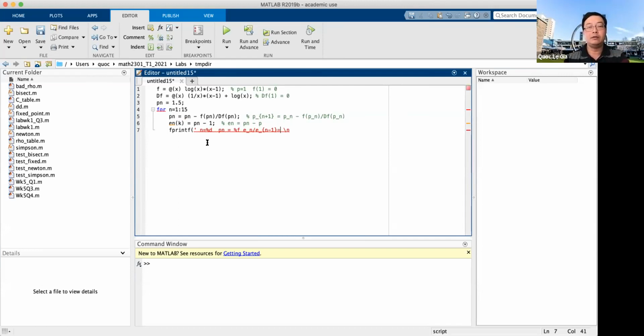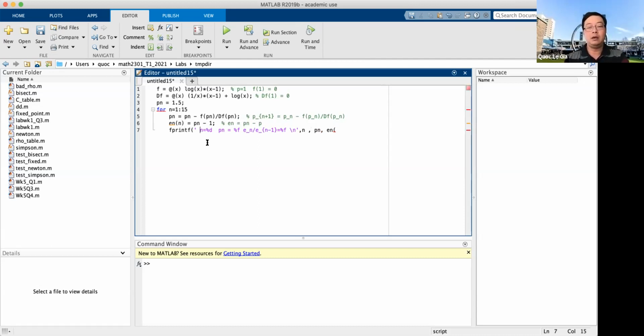It's consecutive. So I put a floating point here. And now I put in my n, I put in my Pn, yeah. Then I put in the error. The error should now be at n, yeah.